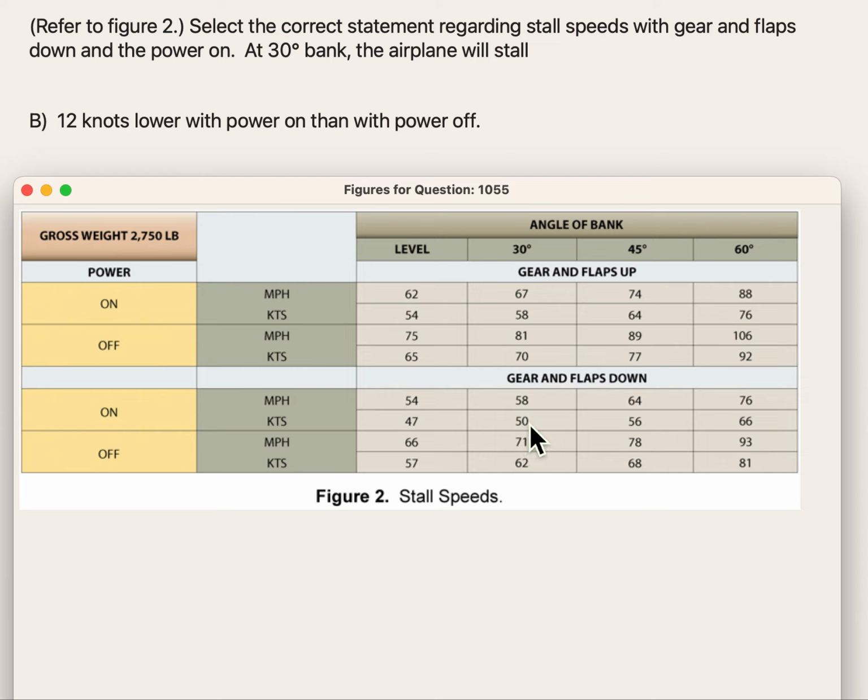So we look at this number, 50 versus 62. With power off, you stall at 62 knots. And if power is on, with the gear and flaps down, you stall at 50. So that's a difference of 12.